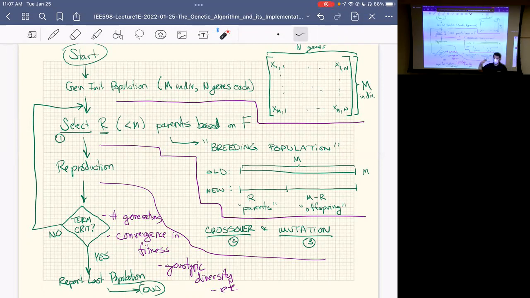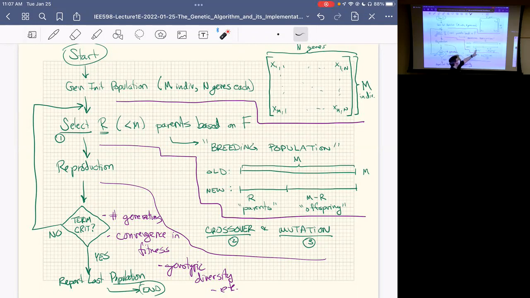So high selective pressure means you climb fitness landscapes quickly. Anything that makes you climb a fitness landscape more quickly increases your selective pressure. If you are giving a greater and greater bonus to previous high performers, you're effectively adding selective pressure.